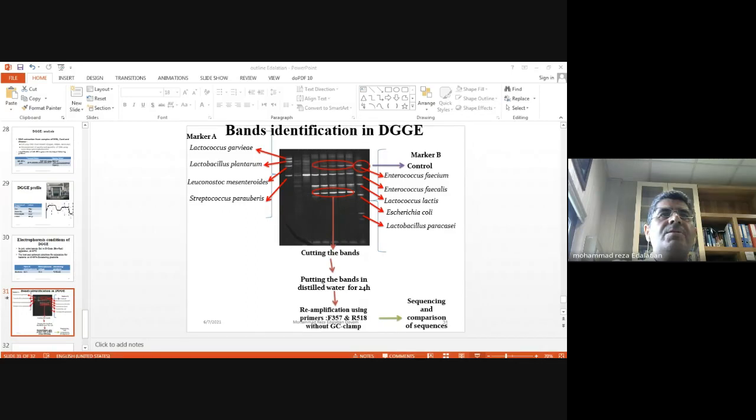These ladders and controls help us to identify these bands exactly. These bands are related to marker A, and these bands are related to marker B or control.